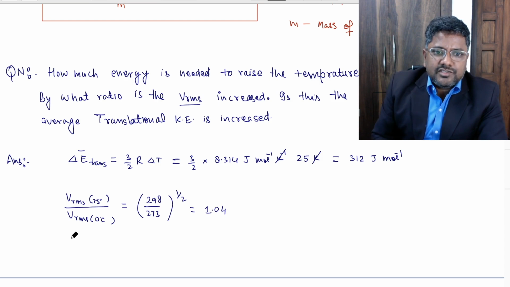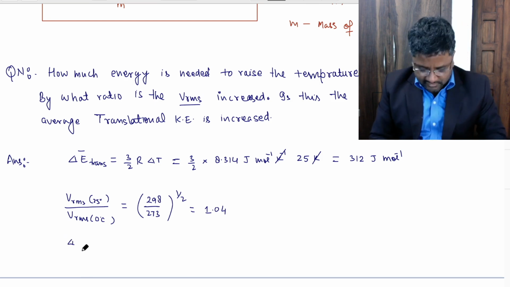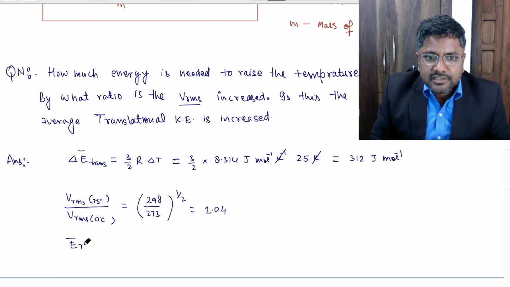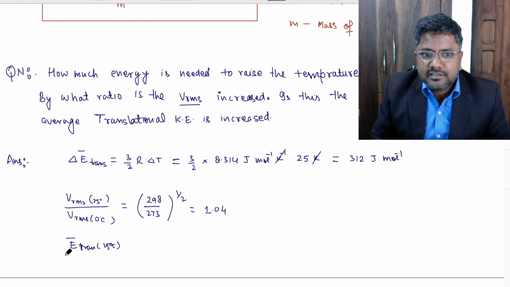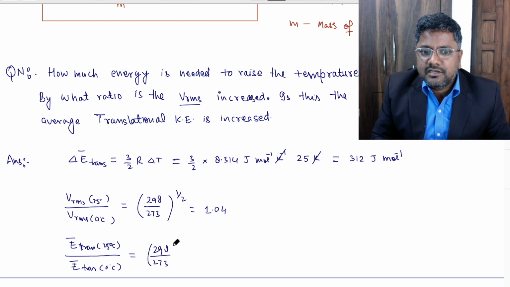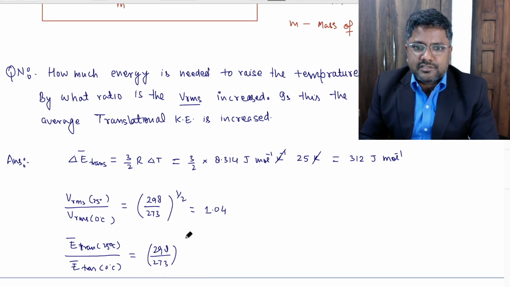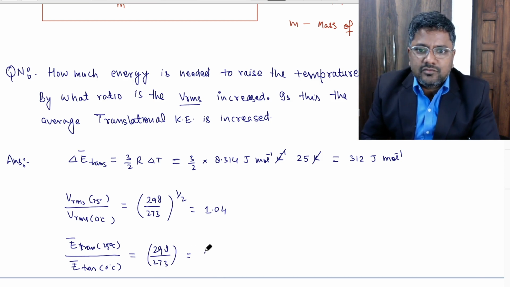Similarly, E translational at 25 degrees Celsius by E translational at 0 degrees Celsius is equal to 298 by 273, right? 3 by 2 R is constant, so you can directly write this, and this is equal to 1.09.